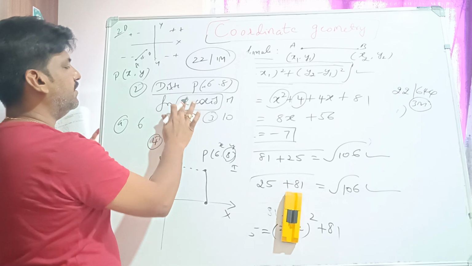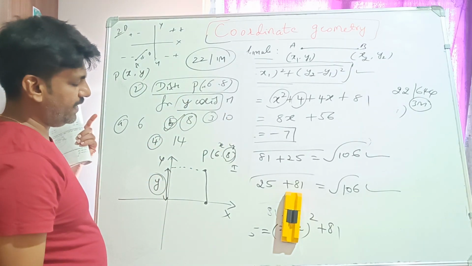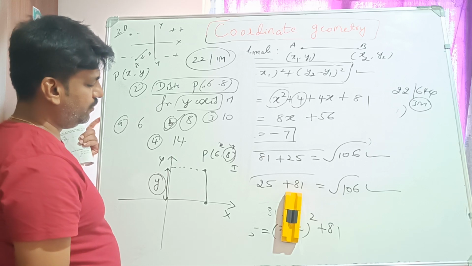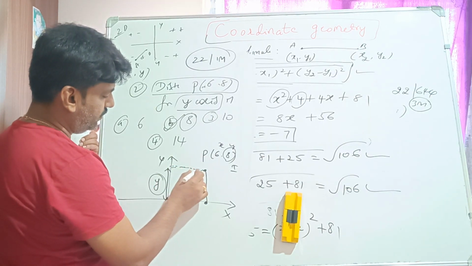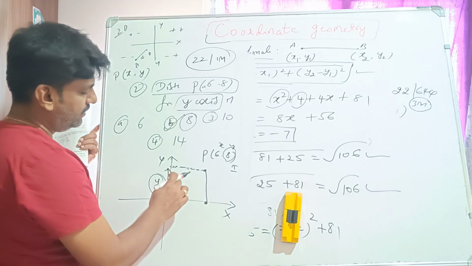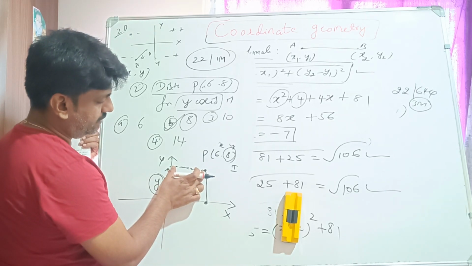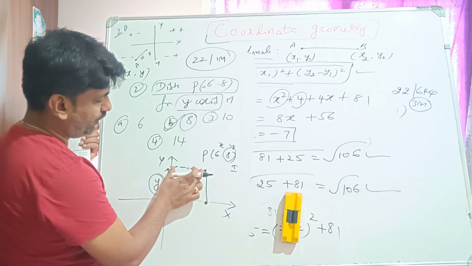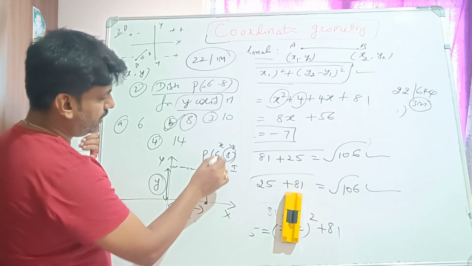If the same question, (6, 8), they are asking from the y-axis, assume that they are asking it from the y-axis. At that time, what should you do? You should take this one, which is the x intercept. So corresponding to this is nothing but x. What is the value of x? 6.